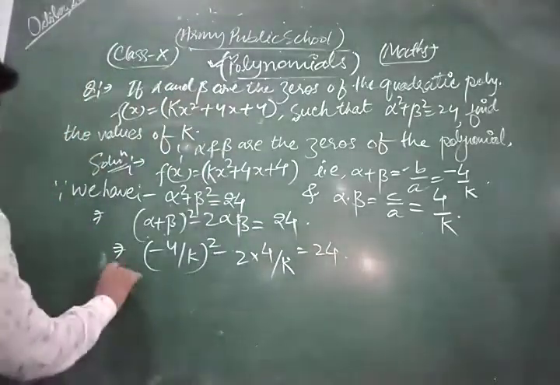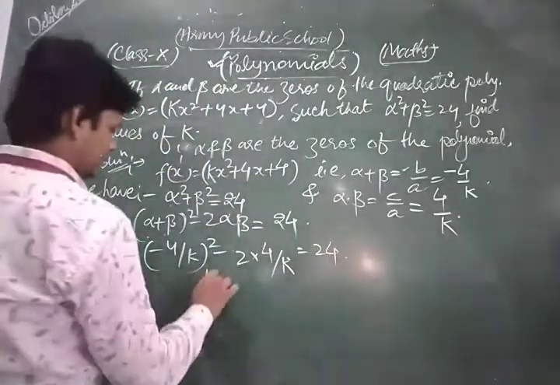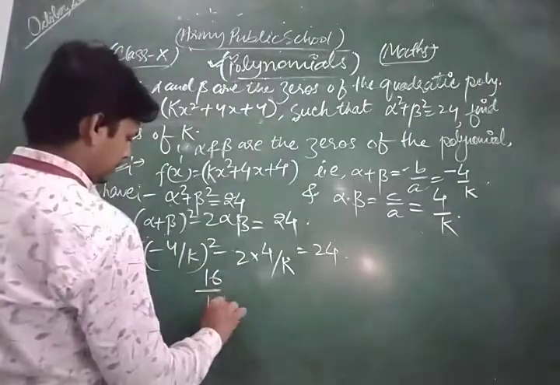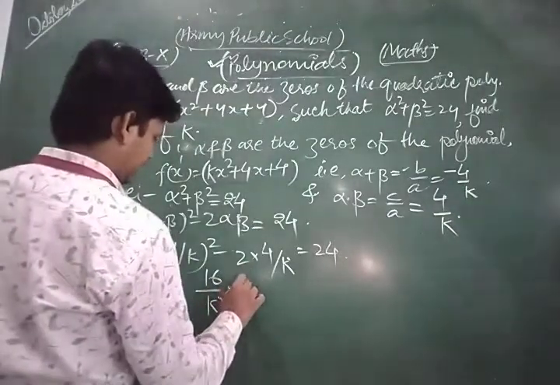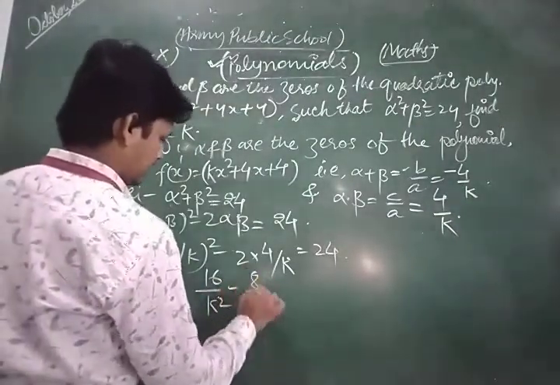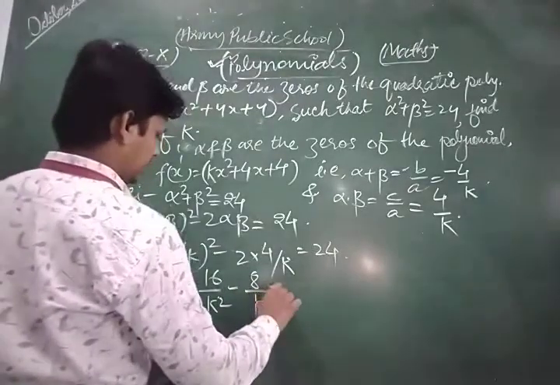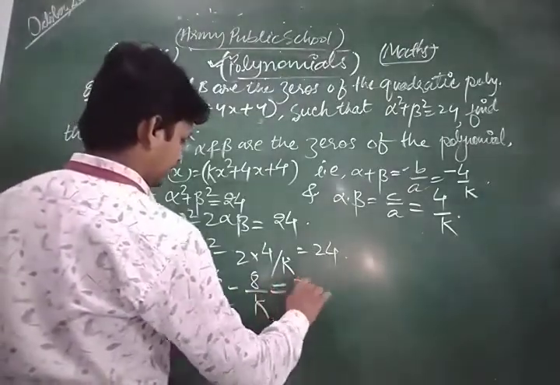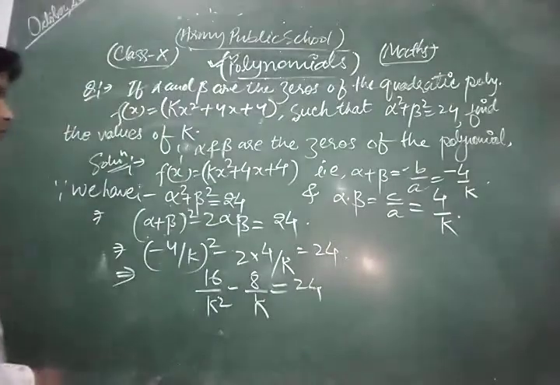So we simplify them, so we get 16 upon k square minus 8 upon k is equal to 24.